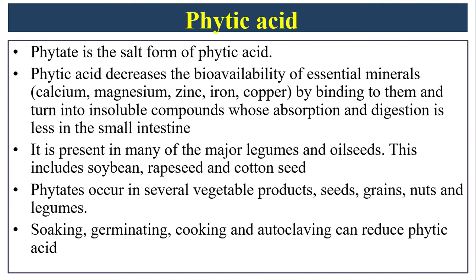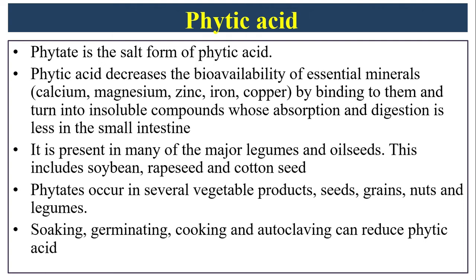Phytic acid. Phytate is the salt form of phytic acid. Phytic acid decreases the bioavailability of essential minerals like calcium, magnesium, zinc, iron, copper by binding to them and turning them into insoluble compounds whose absorption and digestion is less in the small intestine.